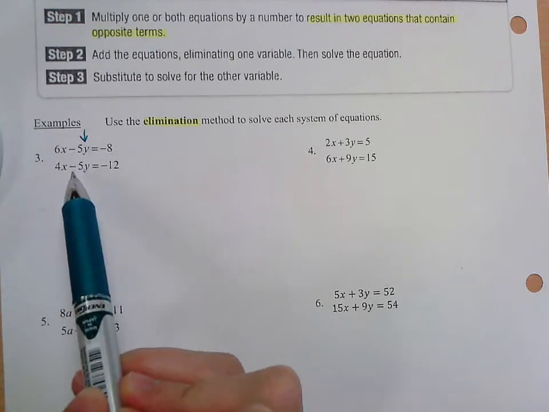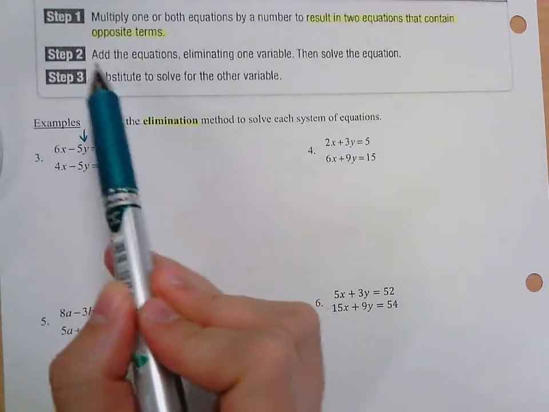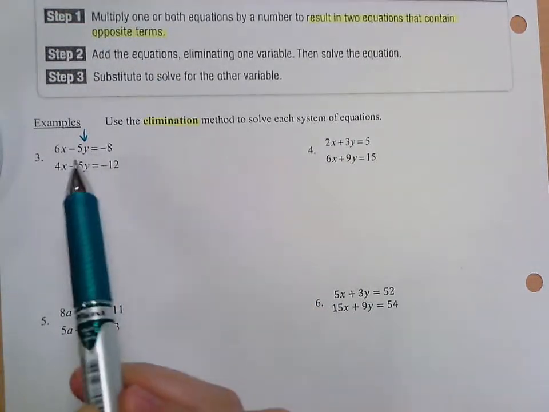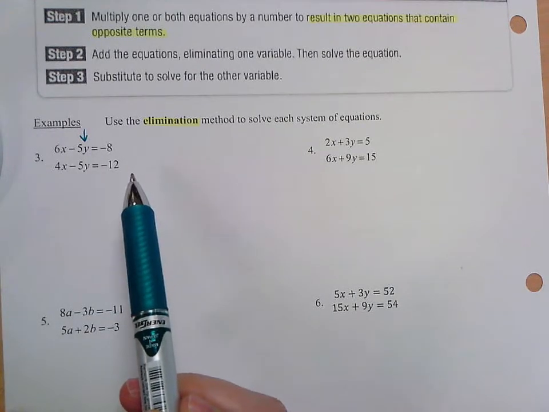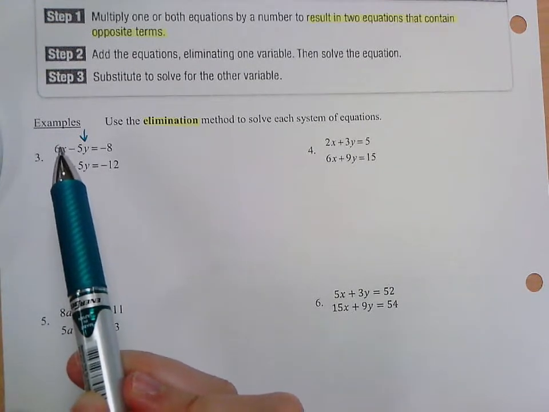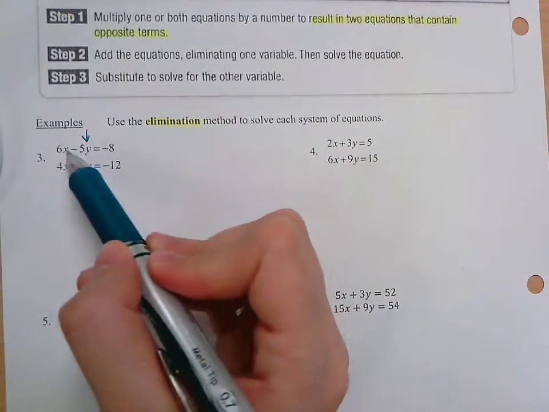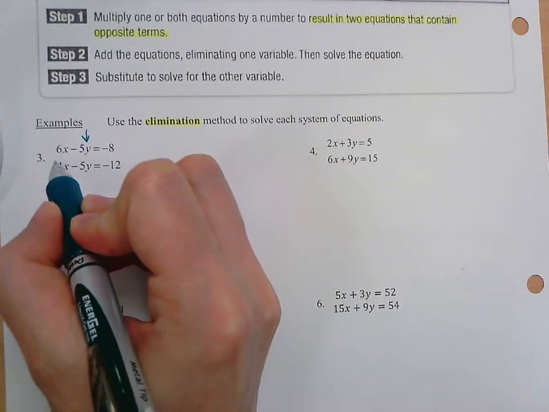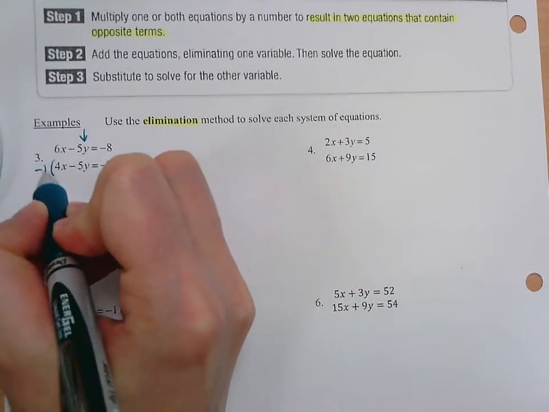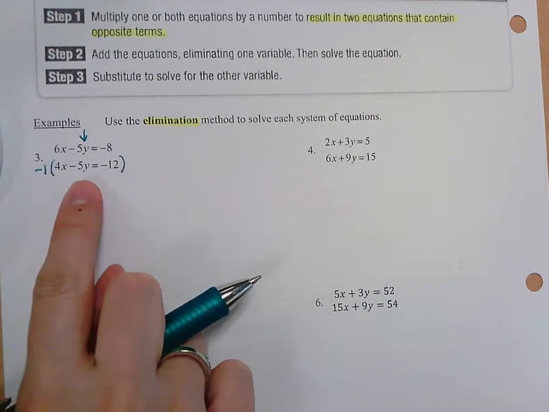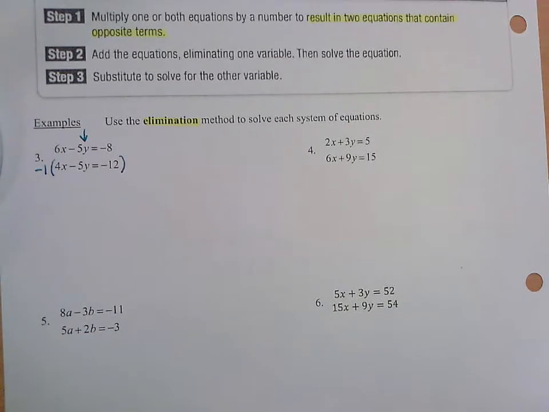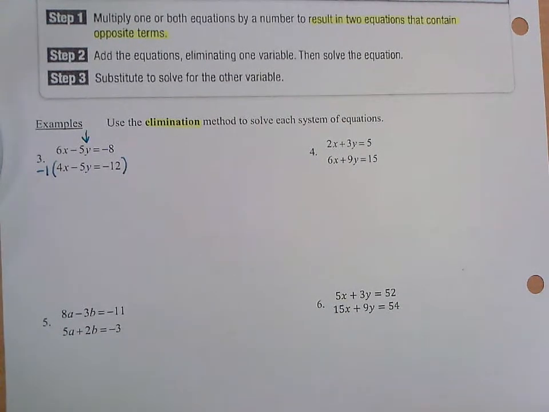So I would like one of them to be +5 so that I can add the equations. Just because sometimes with subtracting, you tend to not carry your subtraction all the way through. So what I would do is pick one of these two equations and multiply everything by -1 so that one of the y terms becomes a +5y. And then when I add them together, they'll cancel out.